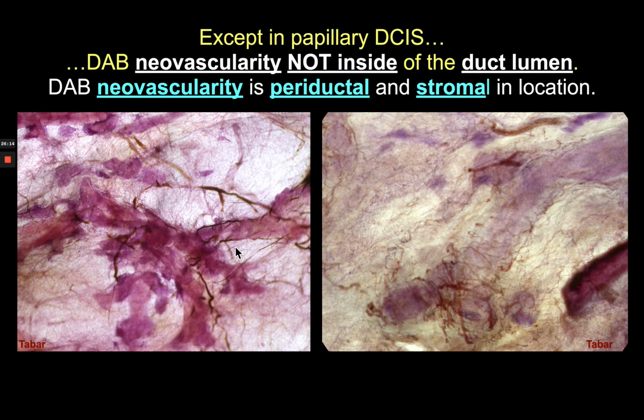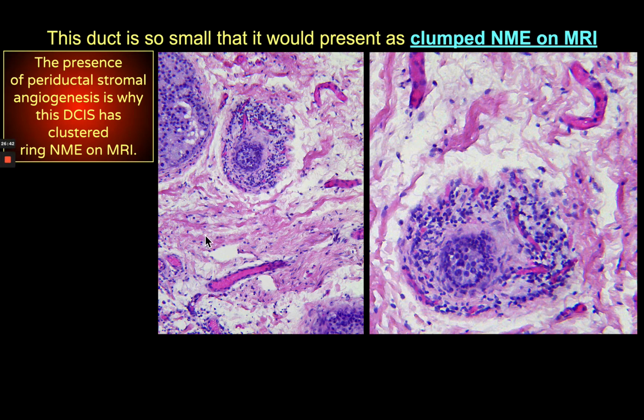In fact, the only time we ever see vessels inside the lumen in so-called DCIS is when it's papillary DCIS, when the cancer develops in a pre-existing intraductal papillary lesion. So micropapillary DAB, no, nothing inside the ducts. Comedo solid, no. Cribriform, no, nothing inside the duct. Only when there's papillary DCIS do we see anything inside the duct.